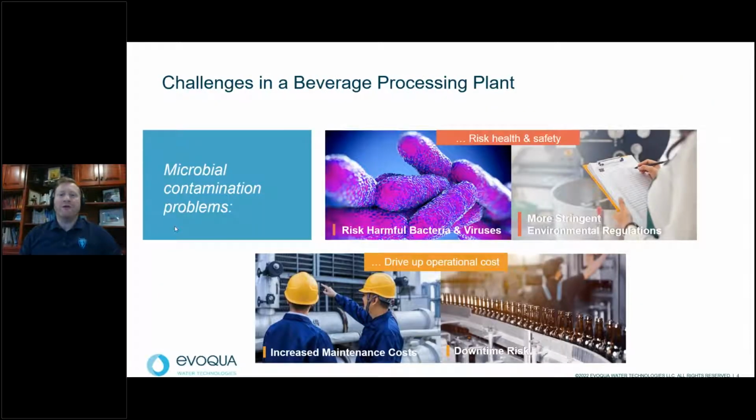So then moving on, as I'm sure all of you know, or hopefully learned over this four-part webinar series, to overcome the challenges in a beverage processing plant, high quality and reliable disinfection systems that make the user's processes repeatable are so important to their and your success.